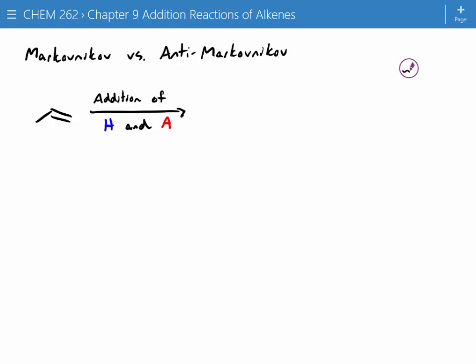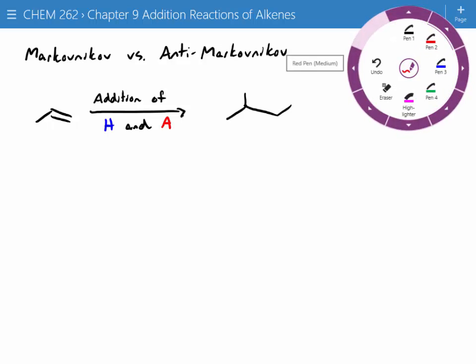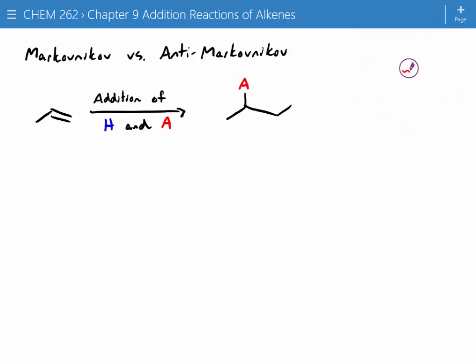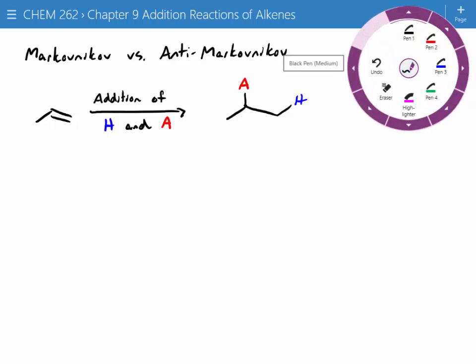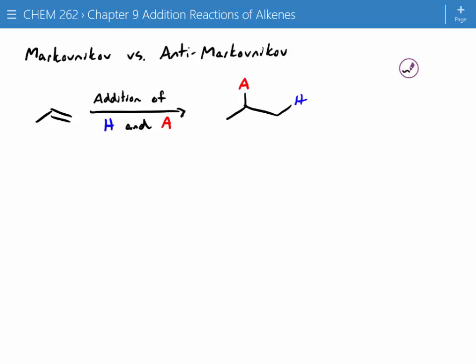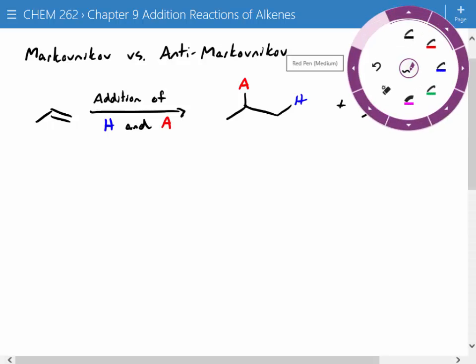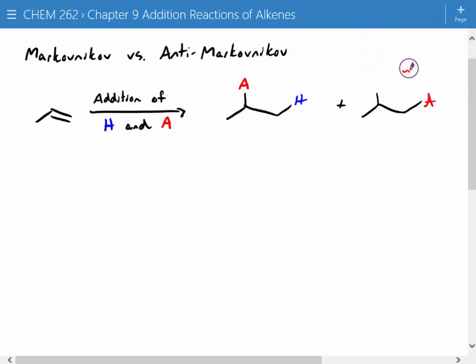We have two options. We can add in our A group there and our hydrogen there. Let's change the colors. Or we can add them in the reverse order across that double bond, and we can say, all right, let's add A on the end and our hydrogen in the center.